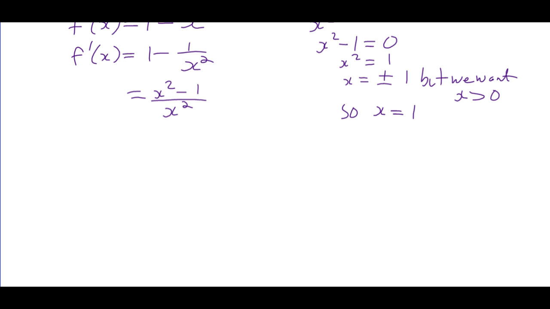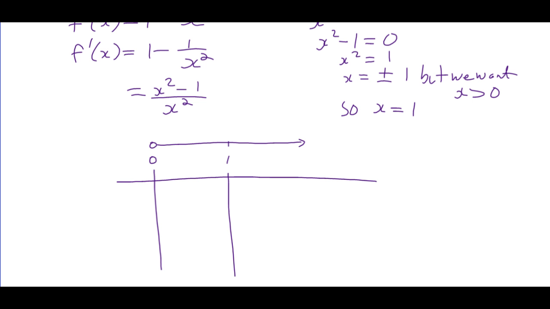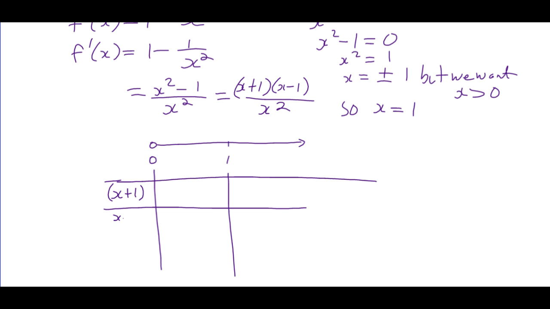So now we're going to look in the intervals, not including 0: between 0 and 1, and from 1 up. Here's the number line. This is 0. This is 1. Draw some lines down here. This is really like x plus 1, x minus 1, so we have three factors: x plus 1, x minus 1, and x squared.